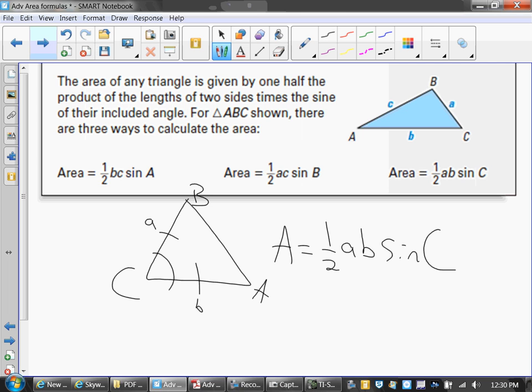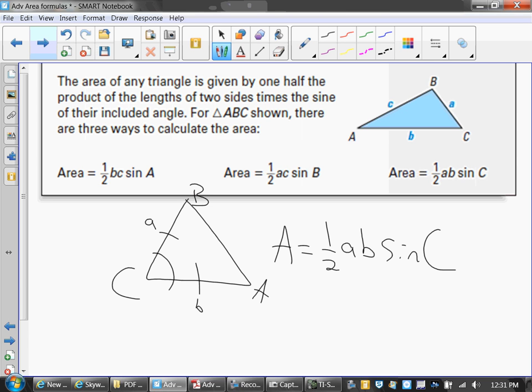And you'll be able to find that. Let me show you an example of how this looks. Remember, these three formulas are the exact same thing. Take 1/2, the product of the two sides, and the sine of the included angle. That's how you find the area. That's for side angle side, only for side angle side.